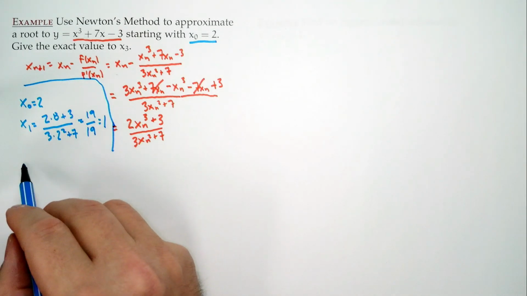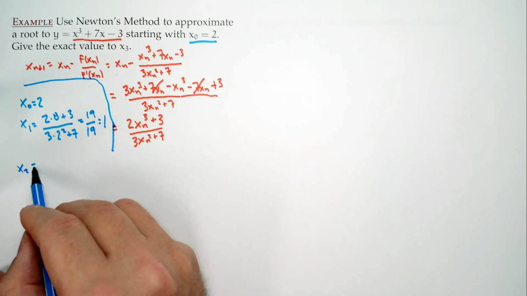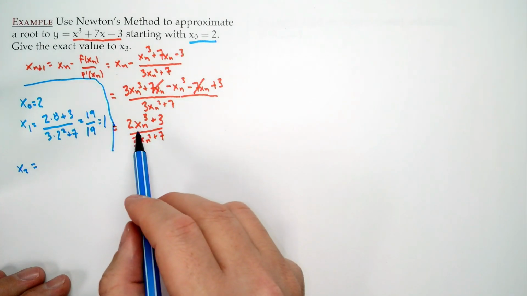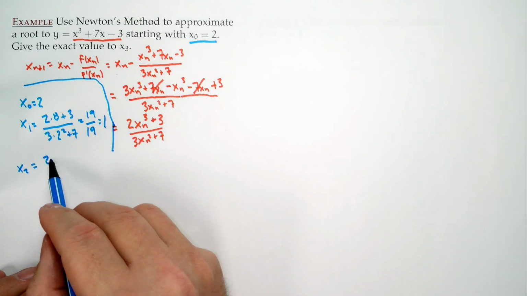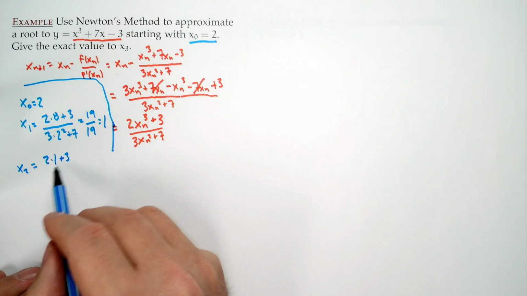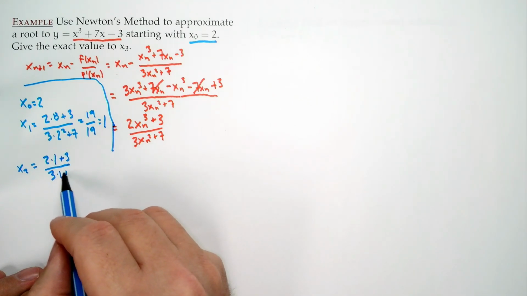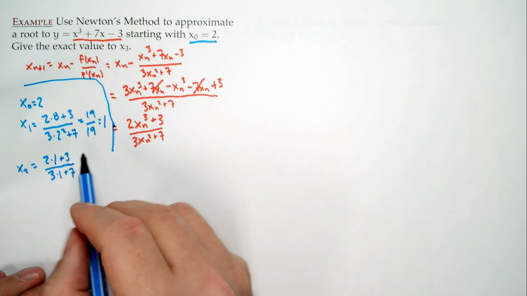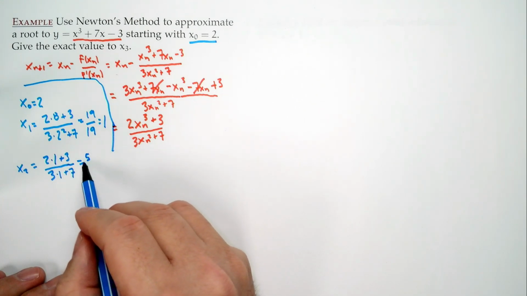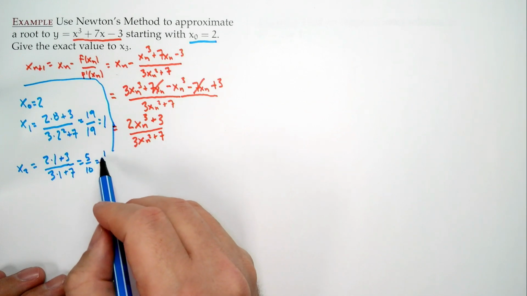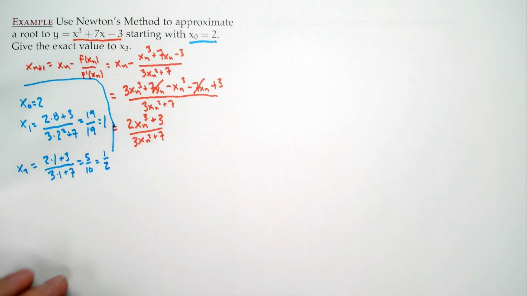How about x2? Well, plugging in 1, we're going to get 2 times 1 plus 3 divided by 3 times 1 plus 7. Well, that's 5 over 10, which is 1 over 2. Okay.